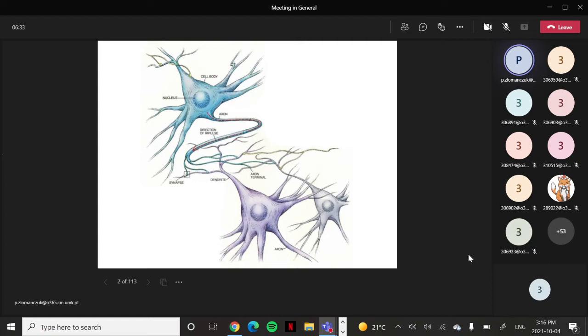So these are examples of generation of information within the nervous system. It is not only passively conducting information, but there is also a lot of analysis of information and also generation of information. So it is reasonable to ask, what is information?